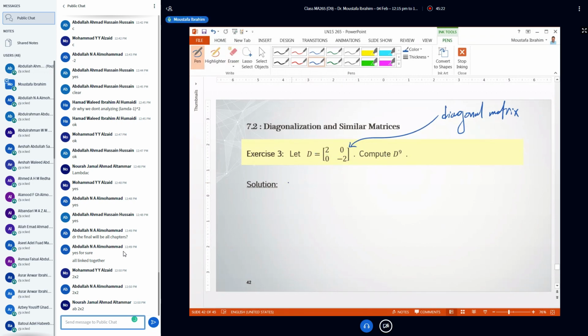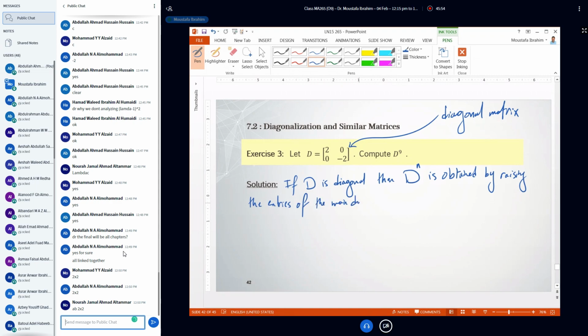So always, guys, to find D to the power of 9, if D is diagonal, then D to the power of n is obtained by raising the entries of the main diagonal to the power n.